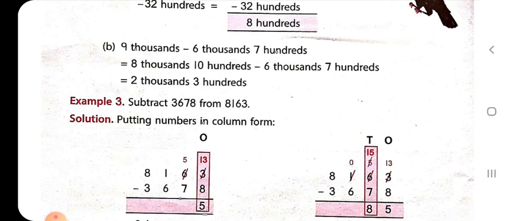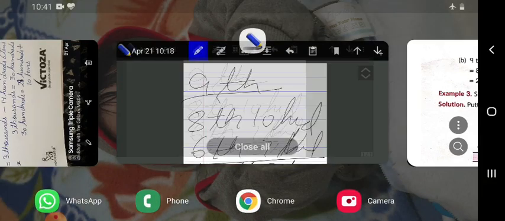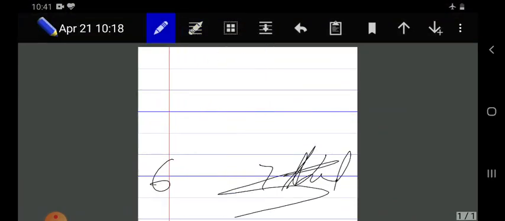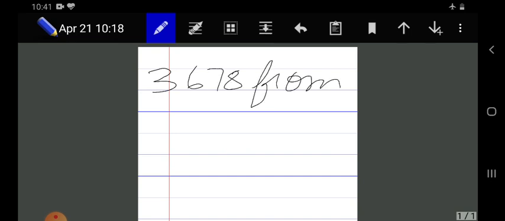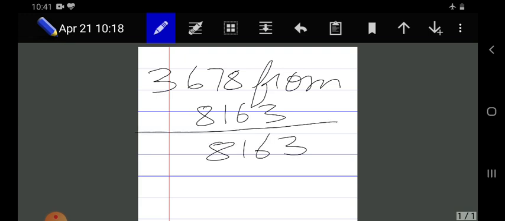We have to subtract 3678 from 8163. So we will write it as 8163 minus 3678.